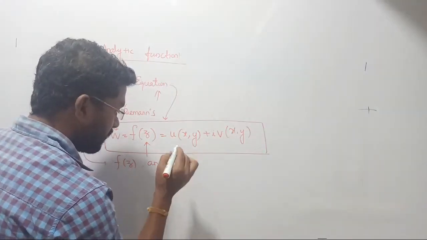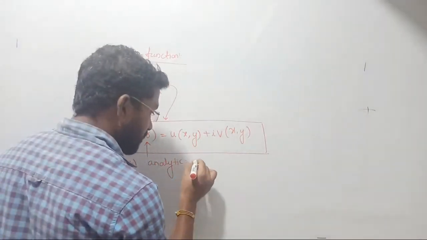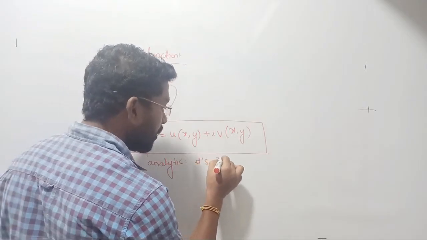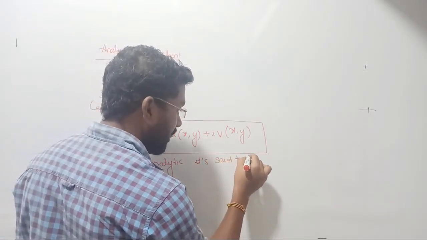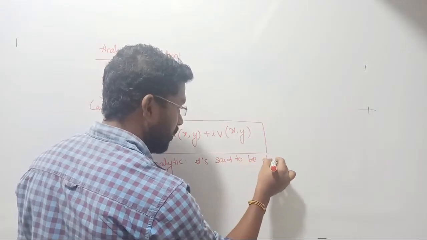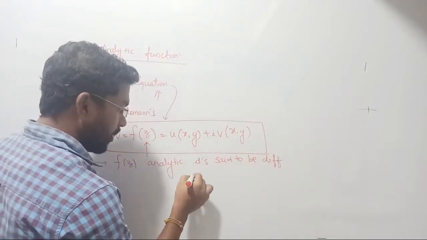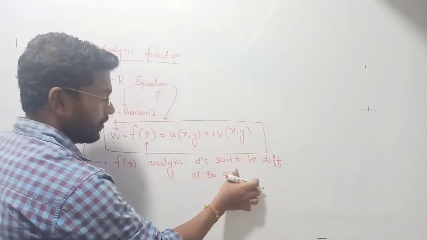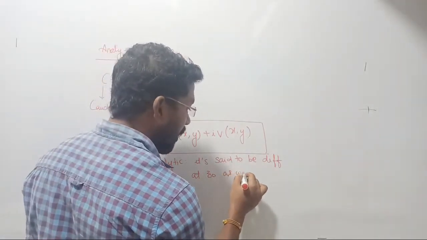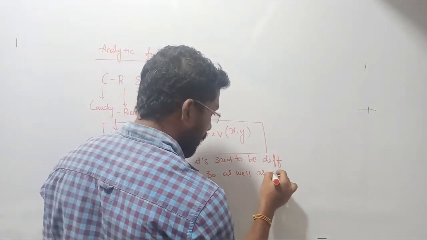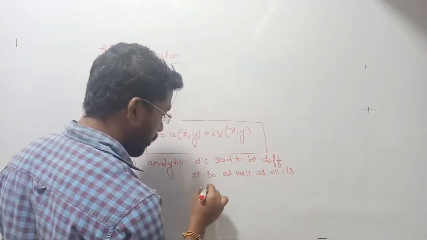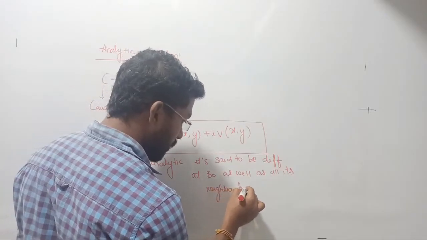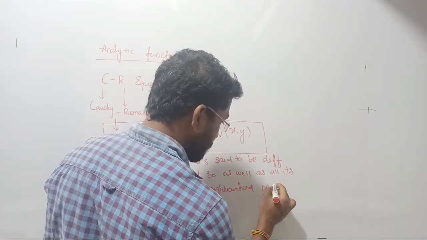As per the definition, first of all, analytic means that the given function is said to be differentiable, right? It is said to be differentiable at Z naught as well as all its neighborhood points.